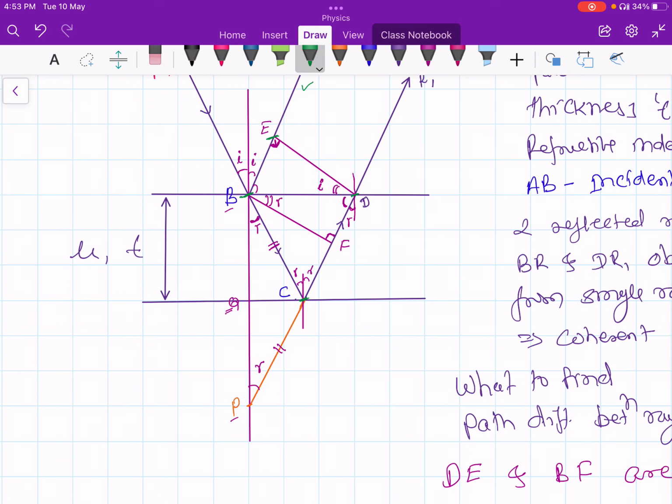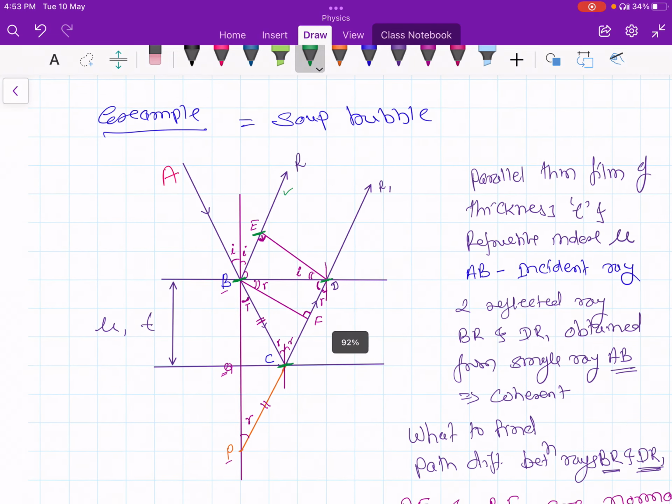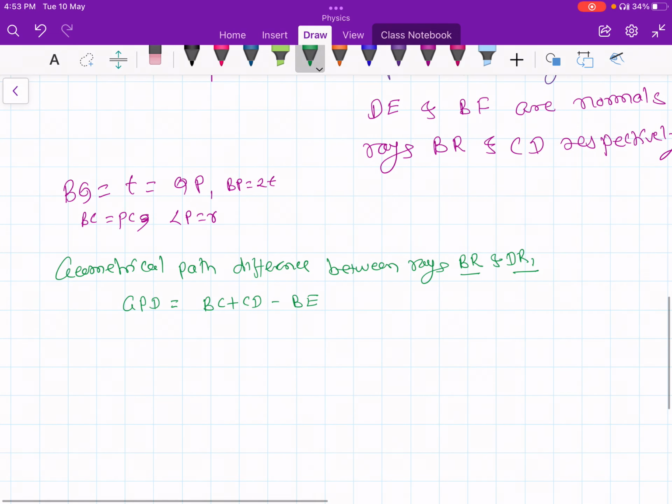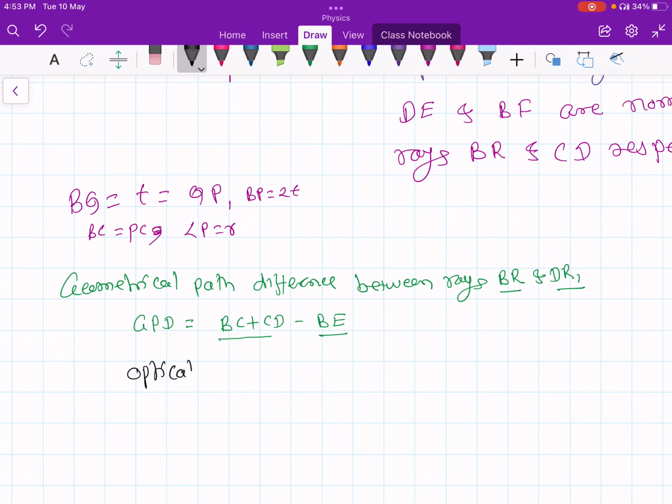Let's see the diagram. Here in this diagram, BC plus CD minus BE is the geometrical path difference between the rays BR and DR1. It is because by the time this transmitted ray travels a distance BC plus CD, the reflected ray BR travels up to point E. Then what would be the optical path difference?